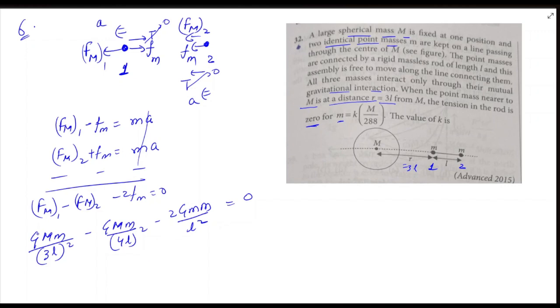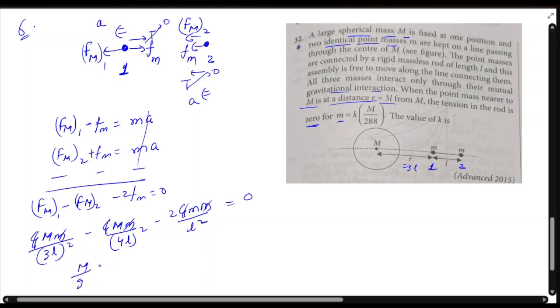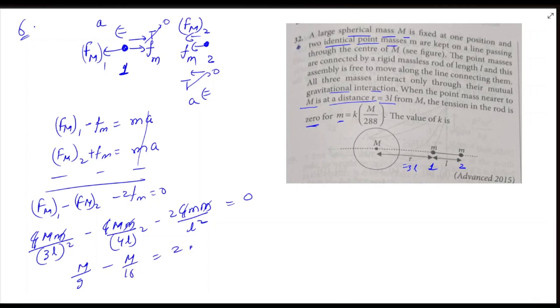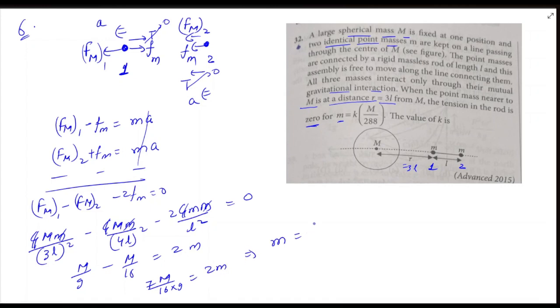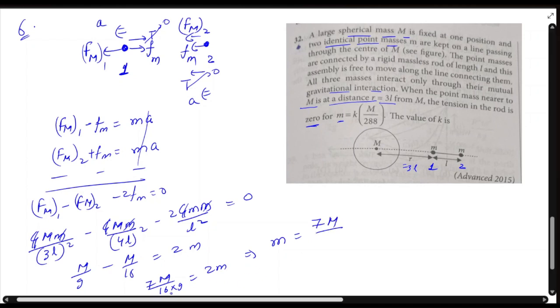So G small m, G small m, G small m will get cancelled. So this is M by 9. L square also gets cancelled. M by 16 equals to 2m, right? L square I have eliminated already. So we have 16 minus 9, 7M upon 16 into 9 equals to 2 small m. So we have m as 7M upon 16 into 9.